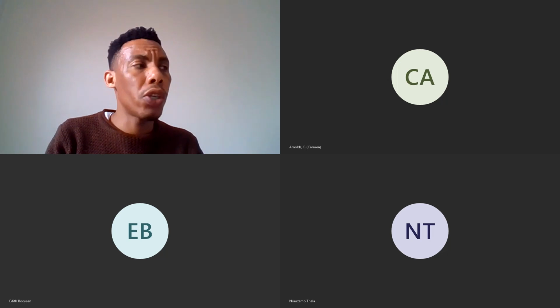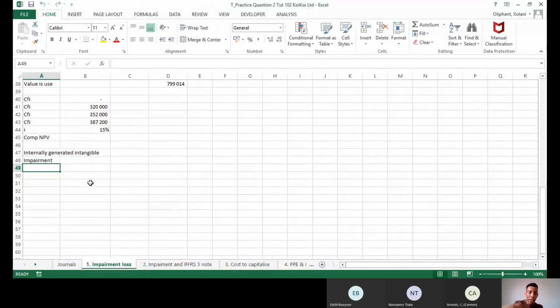But what I want you to do, in your exam script, is still say, fine, my recoverable amount is going to be the higher of one, fair value less cost to sell, or value in use. We don't have the value in use.